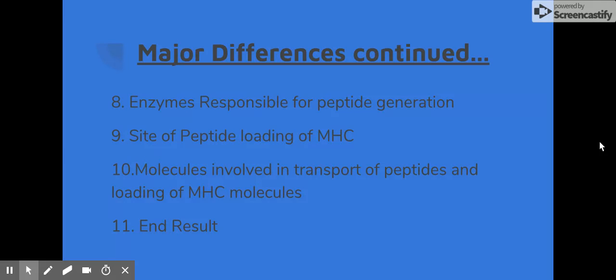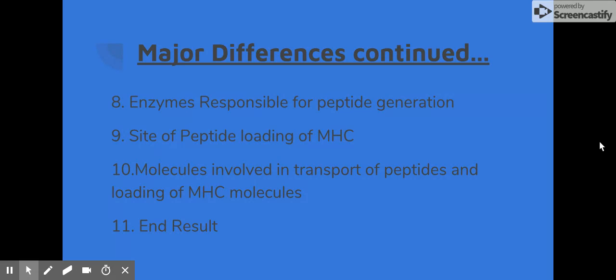Number 10, molecules involved in transport of peptides and loading of MHC molecules. For MHC1, that's going to be the chaperones, the TAPs, and ER. In MHC2, it's going to be chaperones and ER, invariant chains and ER, the Golgi and MHC class 2 compartments, and class 2 vesicles and DM. And then finally, the last difference is the end result.